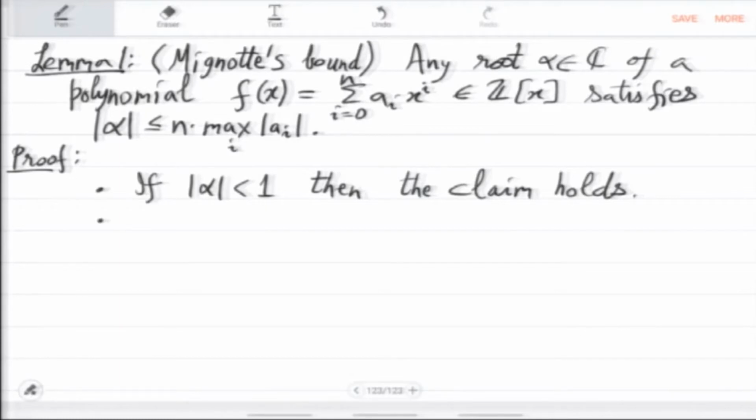Otherwise, the norm of alpha is greater than or equal to 1. So in that case, let us look at the evaluation of f at alpha.